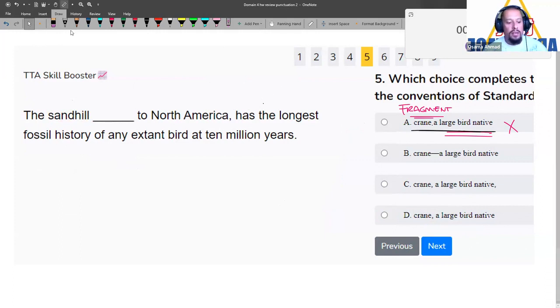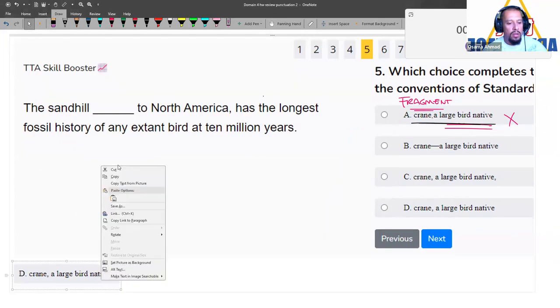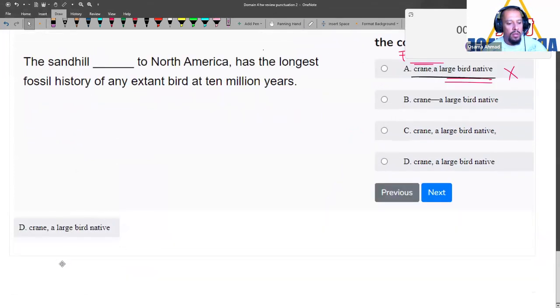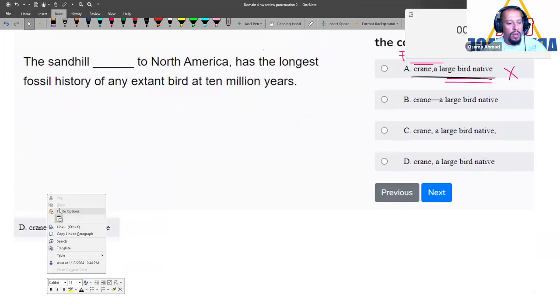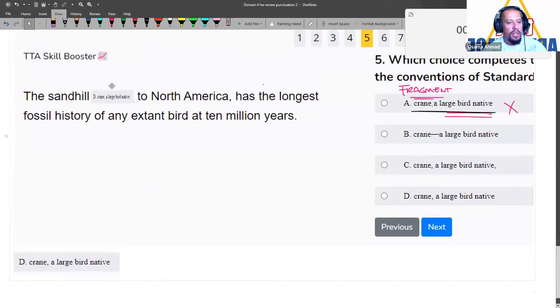You take this information, answer D, you take it and you put it in place of the blank. So I don't know why you keep thinking this. Here you go. Now we're going to put it right here. We put it in the blank.